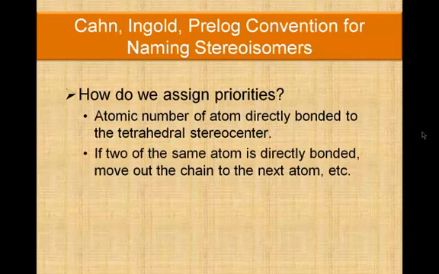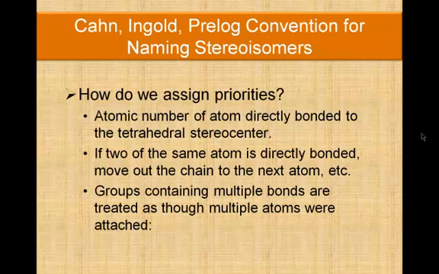If you find yourself in a situation where you have 2 or more of the same atoms directly attached to the tetrahedral carbon, you're going to have to move out along the chain until you find the first point of difference. When groups contain multiple bonds, you're going to treat those like you have multiple atoms. That's a little bit confusing, and we're going to see some examples of all of these situations.